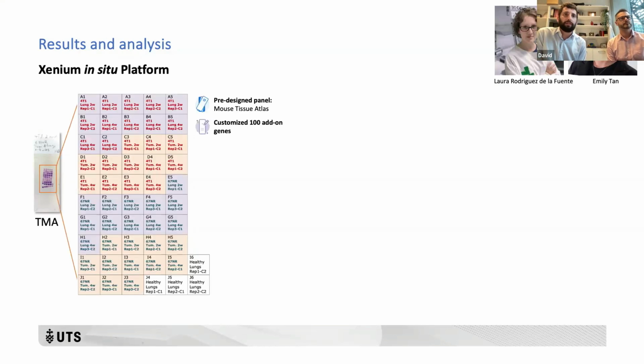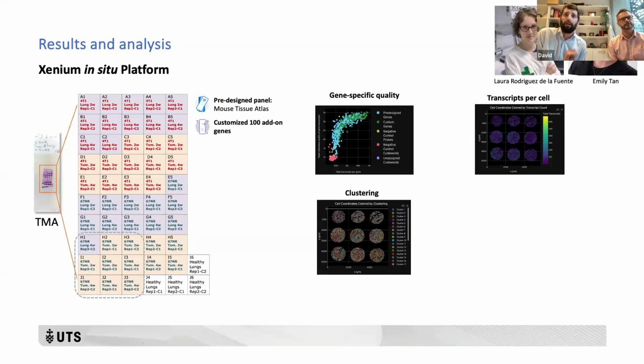This was then run on the Xenium platform with the tissue atlas panel, which involves 379 genes plus 100 custom genes, which overlapped with the neutrophil genes that we were quite interested in for this project. This work was done by Laura and Emily here, and I got involved with the analysis side.